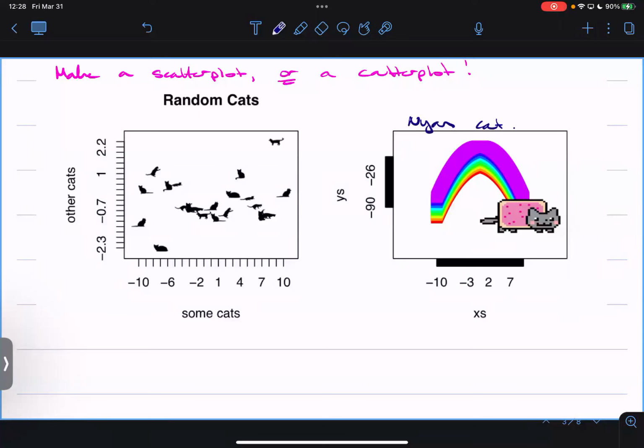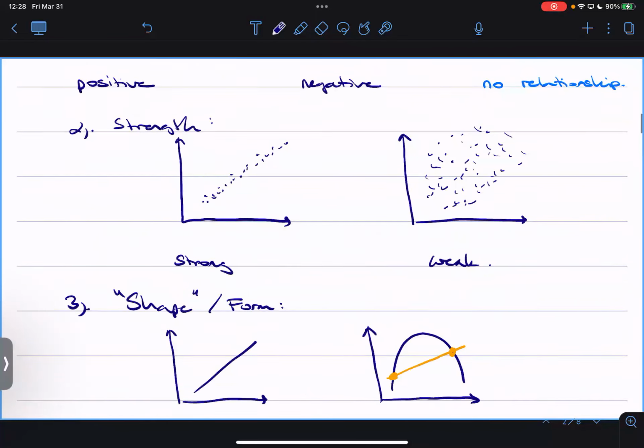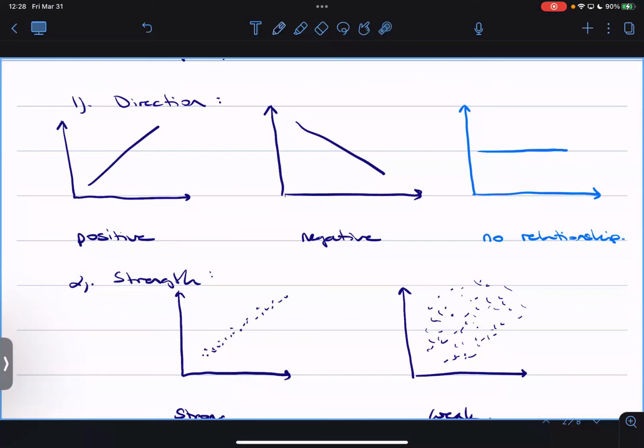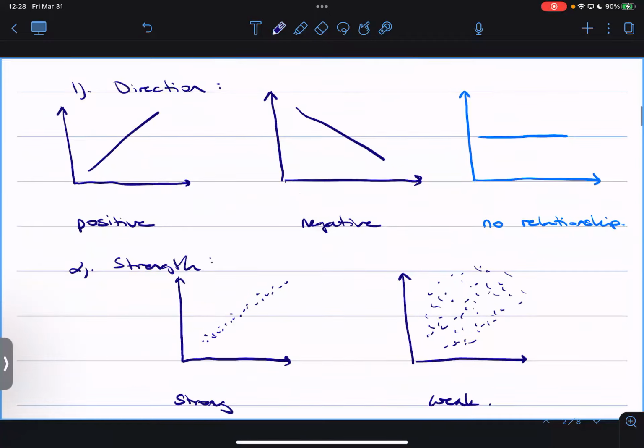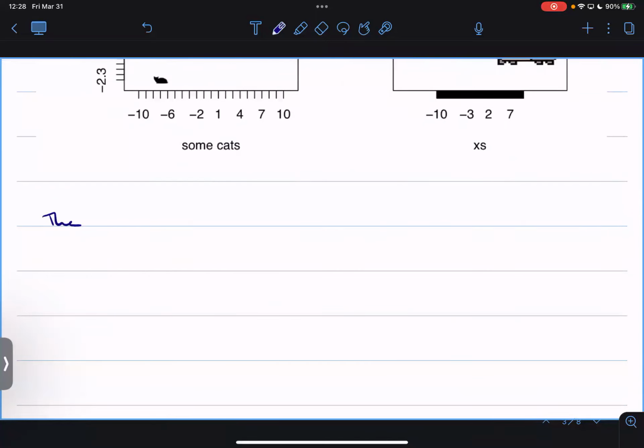And we're going to do the same thing, or a similar thing, I guess, with the strength and the direction of a linear relationship, which is the correlation. Okay? The correlation between X and Y.